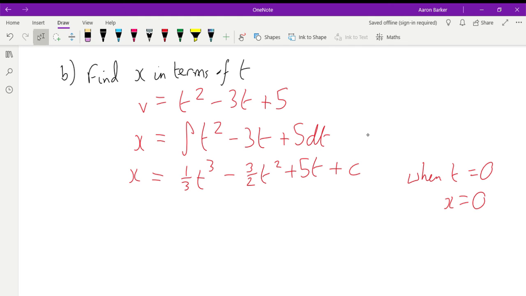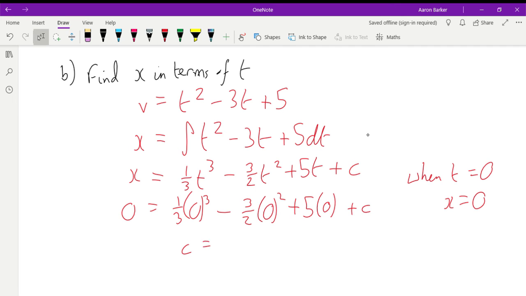So 0 equals 1/3 times 0 cubed minus 3 over 2 times 0 squared plus 5 times 0 plus c. So c must be 0. So my displacement is 1/3 t cubed minus 3 over 2 t squared plus 5t.